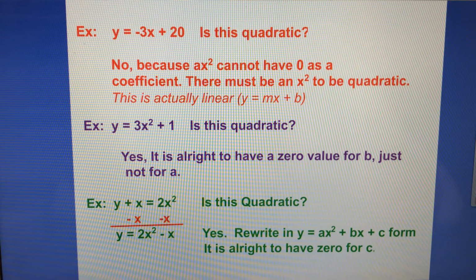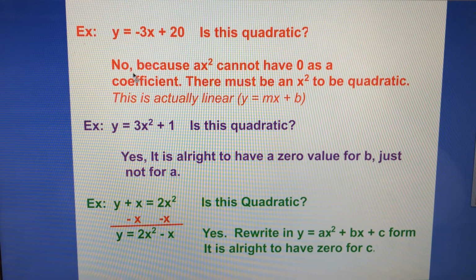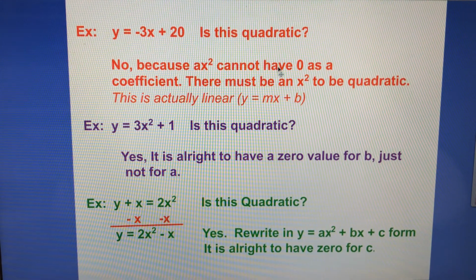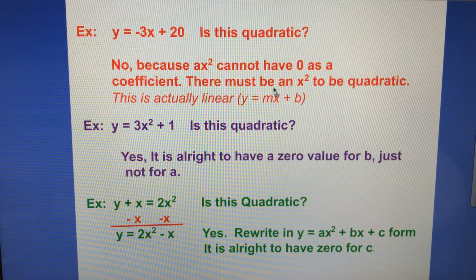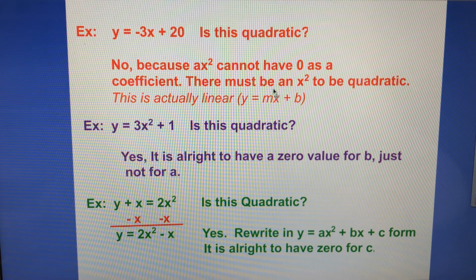Example. y equals negative 3x plus 20. Is that quadratic? No, it is not, because the ax squared cannot have 0 as a coefficient. And obviously it did, because it's disappeared, it's gone. There must be an x squared to be quadratic.